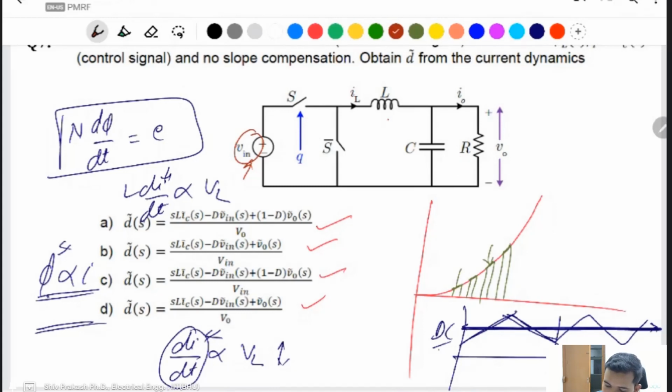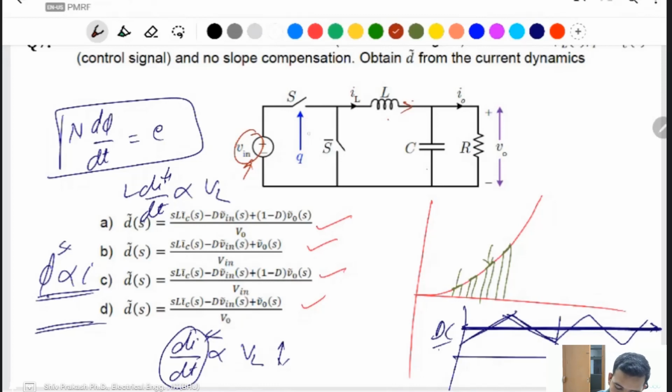Ripple comes only in the inductor current IL and the capacitor voltage, while you change only the switch duty ratio. You can change the duty ratio to control the output voltage only. The remaining portion is constant. Vin is connected to the source, so you can't change it to control the output voltage. Only the duty ratio can change.